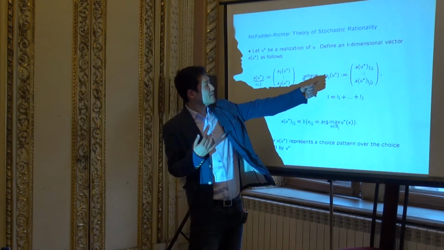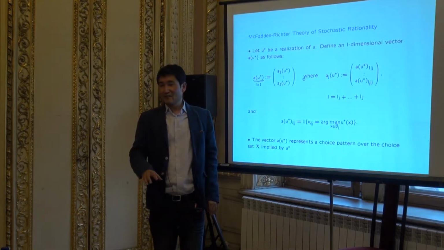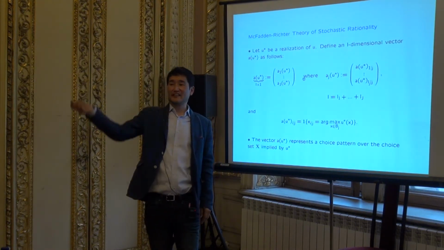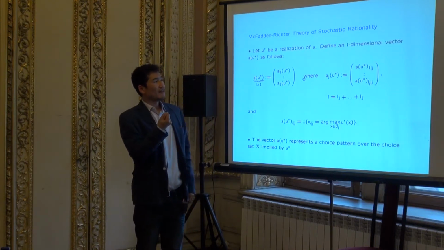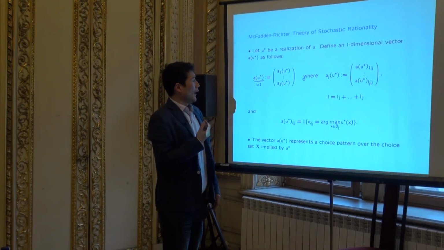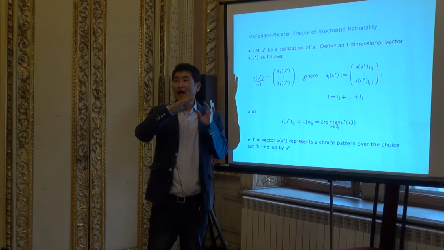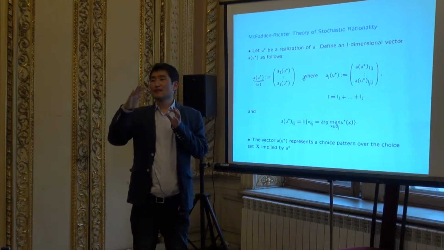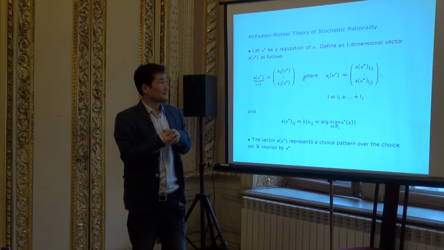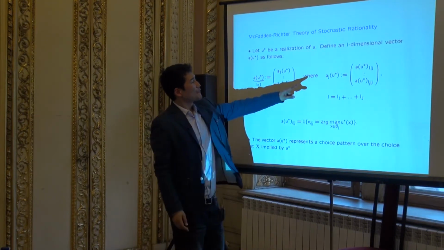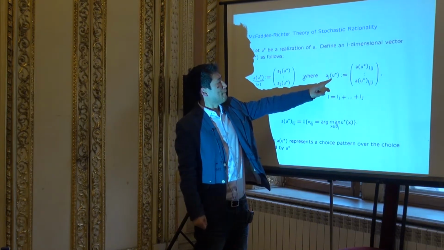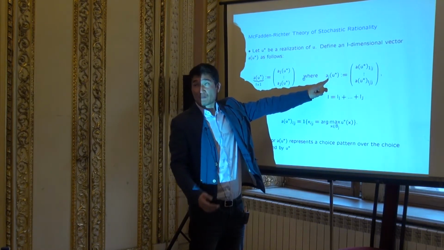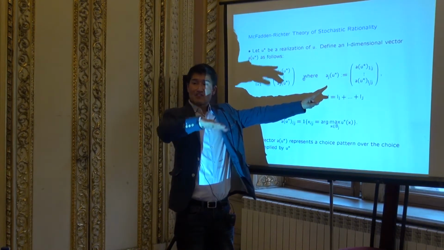There's a pile of utility functions here, and I just grab one. That's my utility. Given my utility, I might face a red budget, blue budget, green budget, and so on. For the given utility function I grabbed, J still represents the color of the budget line.